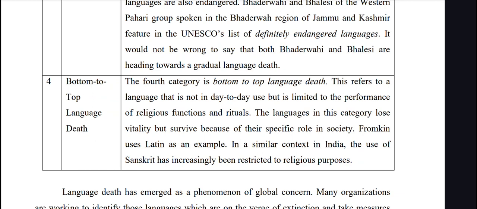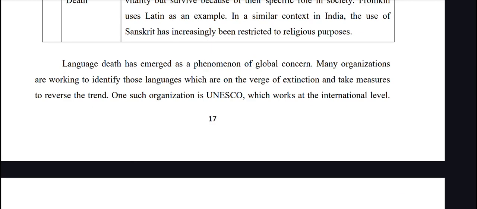The language in this category loses its everyday use but survives because of its specific role in society. For example, in a similar context in India, the use of Sanskrit has increasingly been restricted to religious practice.